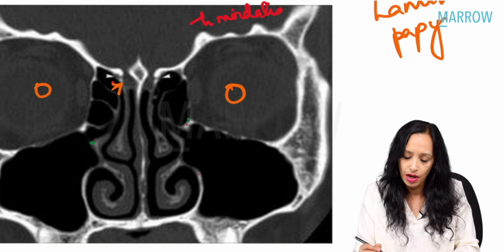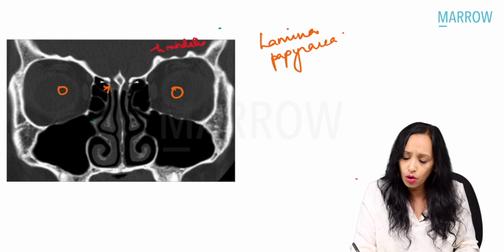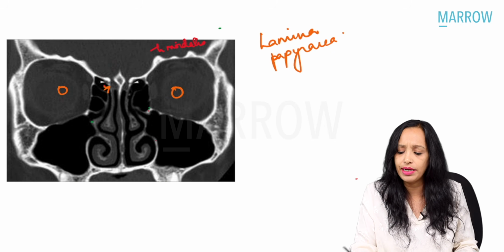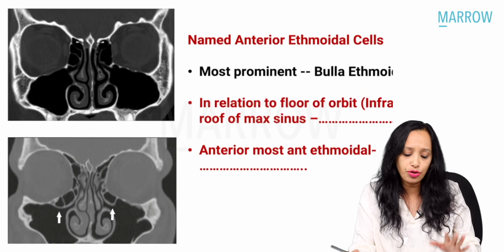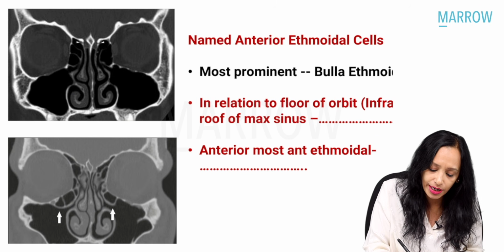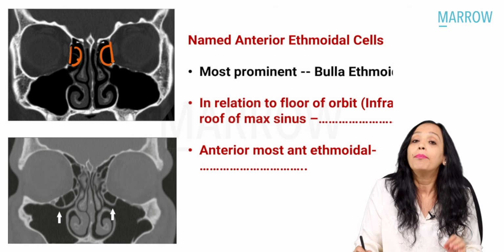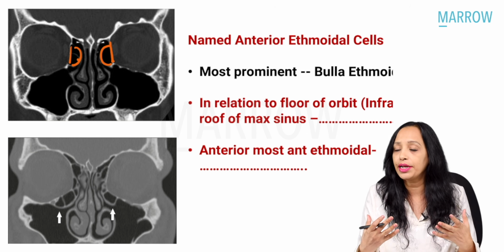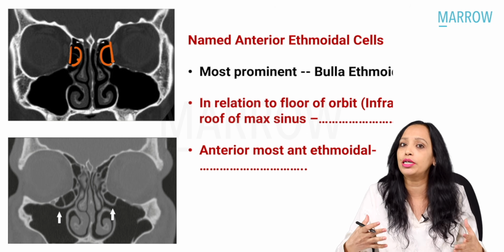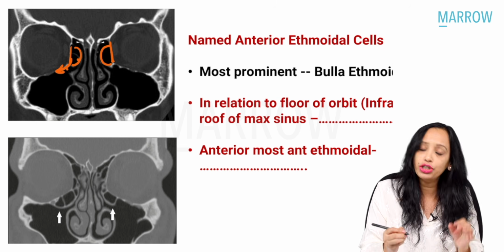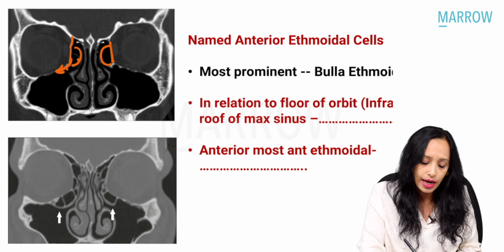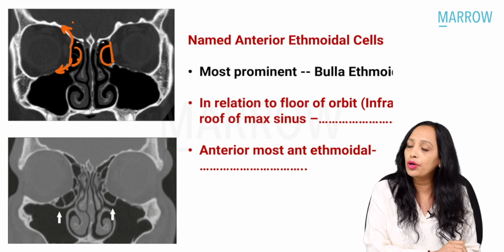Is that clear? Okay, so now also we need to know the named anterior ethmoid cells. The anterior ethmoids are usually supposed to be present only in relation to the medial wall of the orbit. But if the anterior ethmoids are extensively pneumatized, then they lie in relation to the inferior wall of the orbit also, and the superior wall of the orbit also.